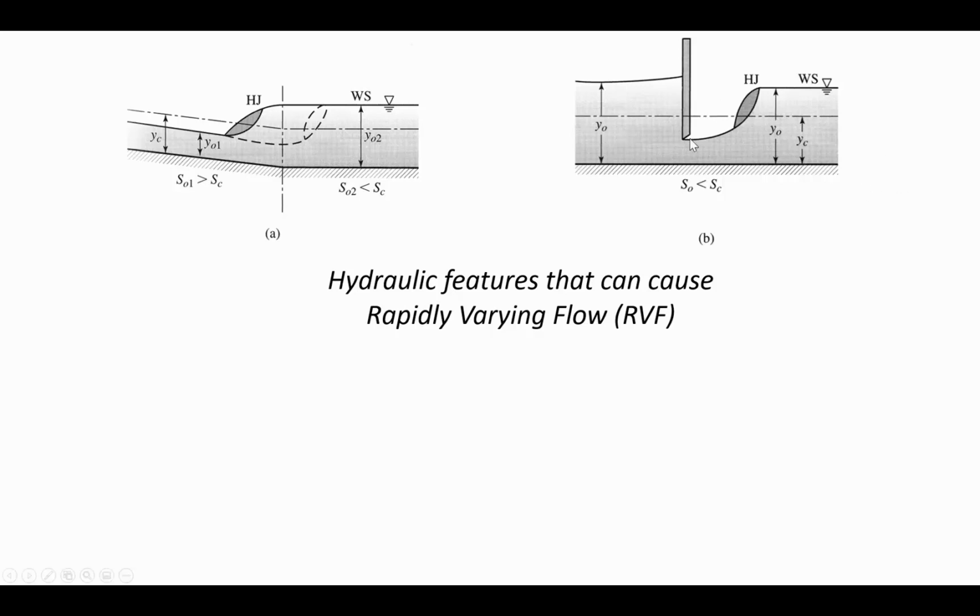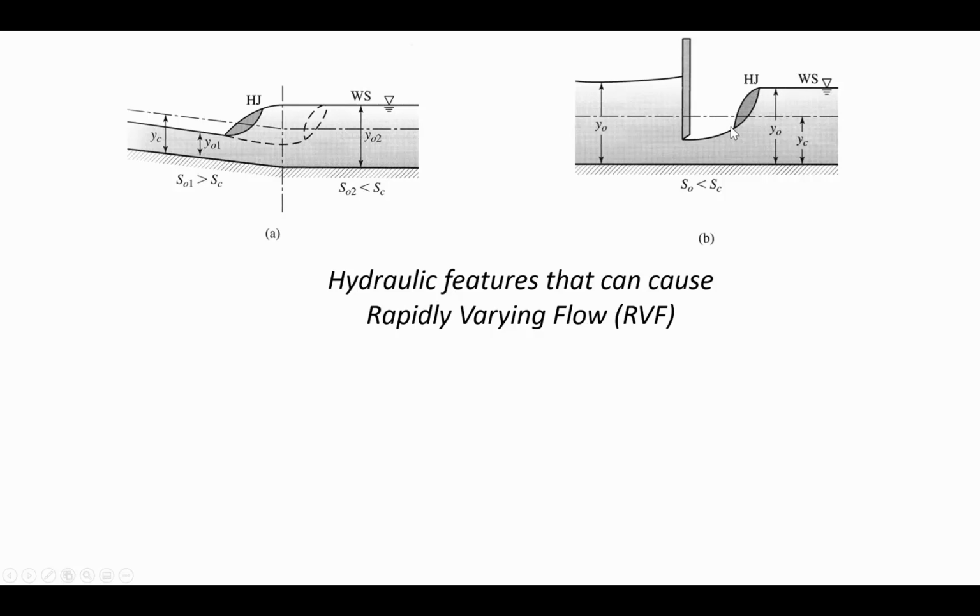You can have temporarily supercritical flow because the water coming out of this gate is moving fast, because the pressure behind the gate is forcing it out at a high velocity, but then the water slows down. You'll notice it's getting a little bit deeper. And eventually, as it slows down, it transitions from supercritical to subcritical flow and has a hydraulic jump along the way.